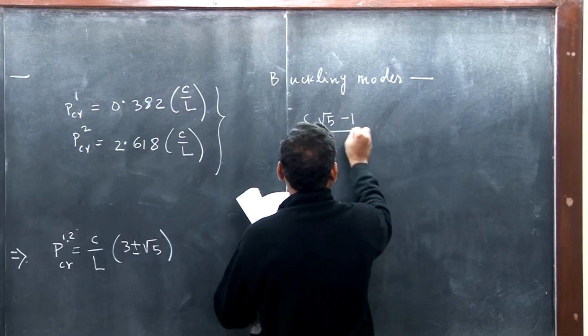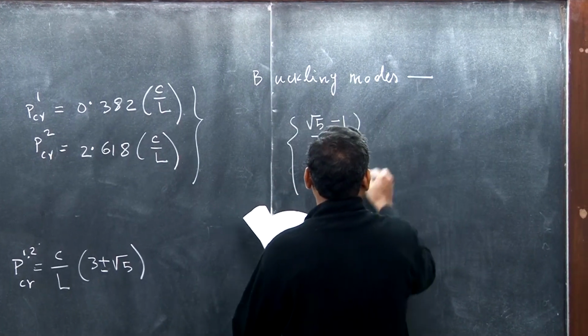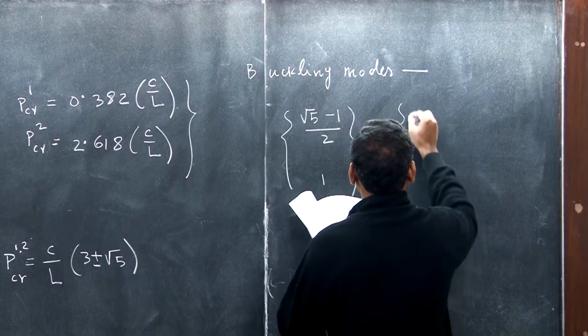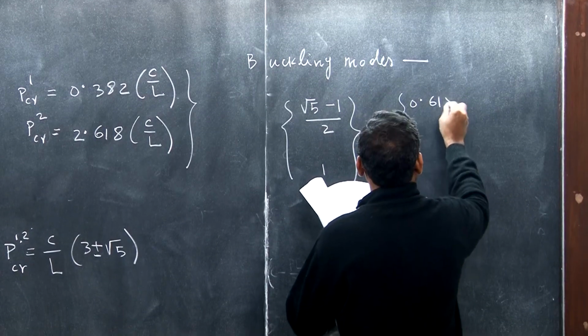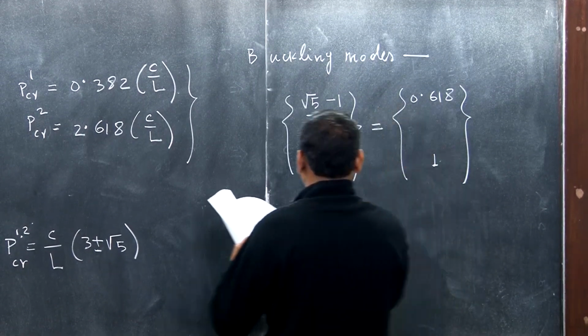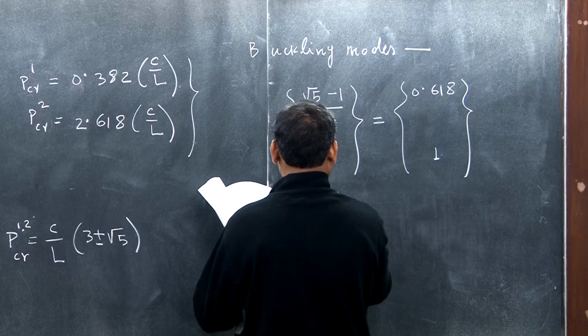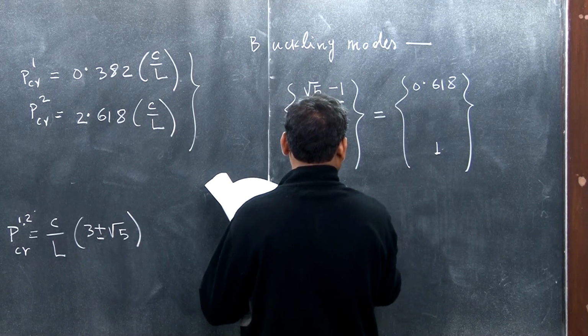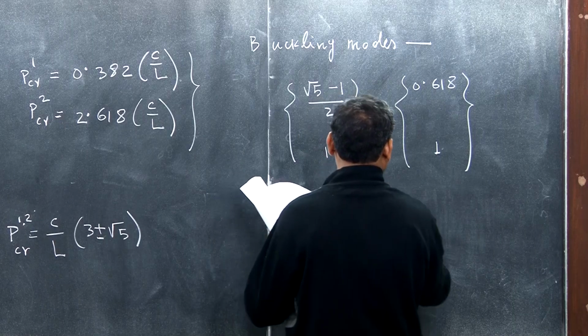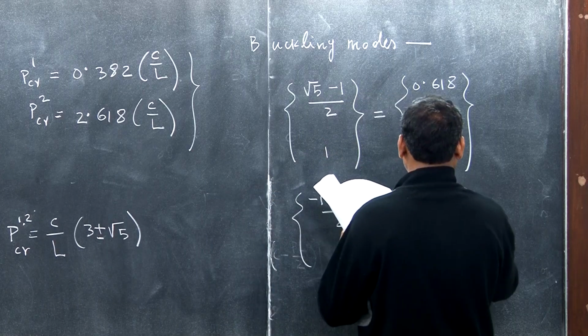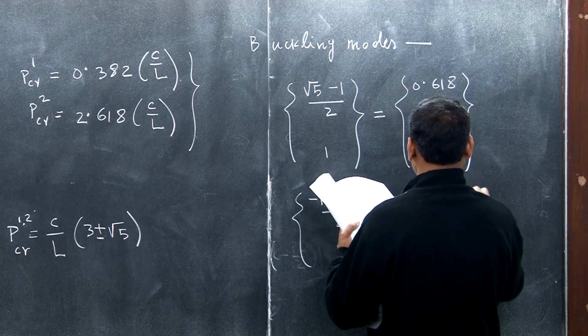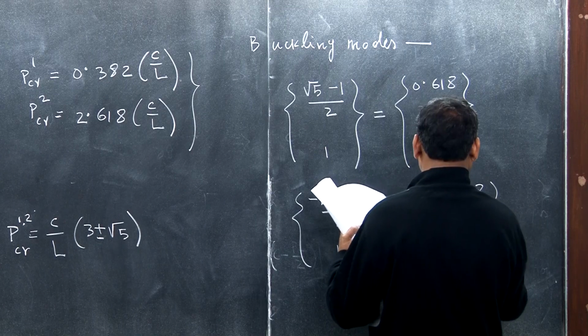√5 minus 1 to 1, or if you simplify, 0.6181, and here it is minus 1 minus √5, 1, or it is minus 1.6181.